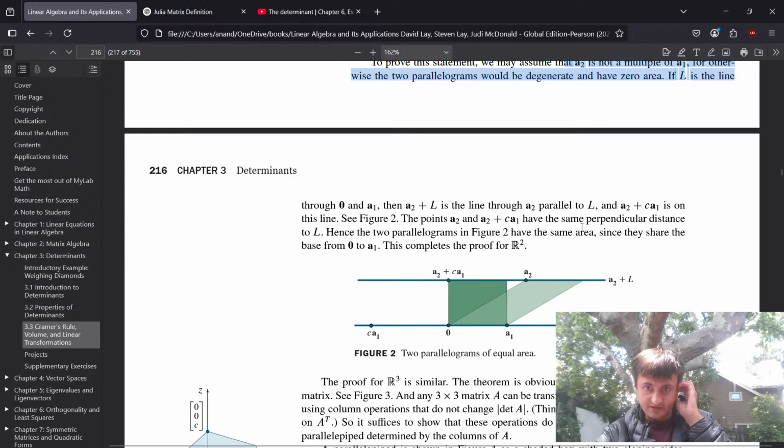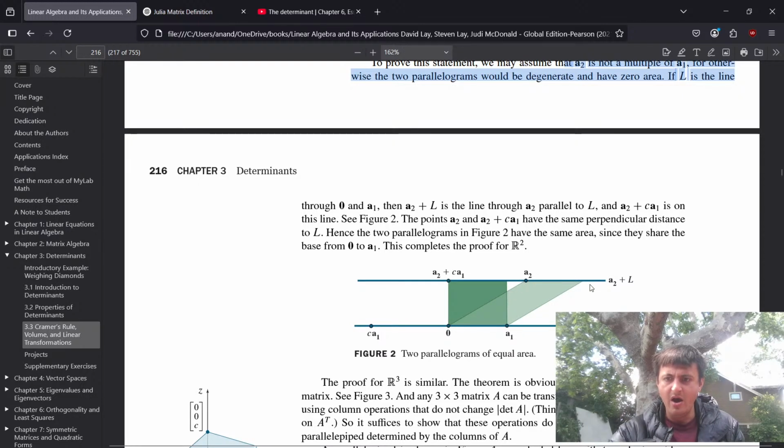If L is the line through 0 and A1, then A1 plus L is the line through A2.